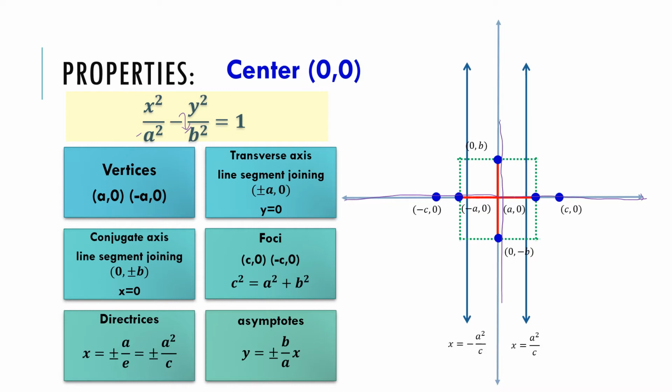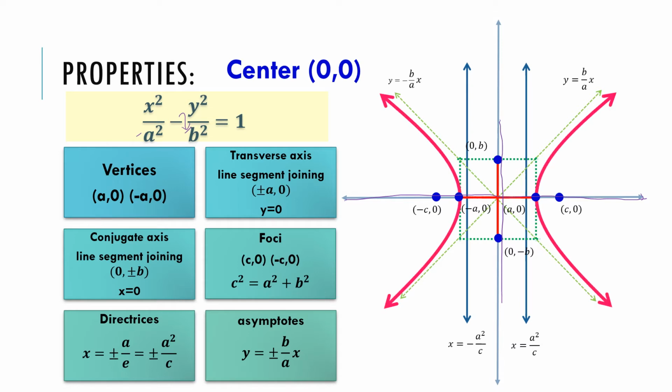Gawa kayo ng box dyan. And then, ang asymptote ay yung line na ito. Okay? Di ba sabi natin pag asymptote, ito yung line na kung saan papalapit yung graph natin pero never magta-touch. So, anong itsura ng hyperbola natin? Ganyan. Okay, so ang magsisilbing guide ninyo ay si asymptote.